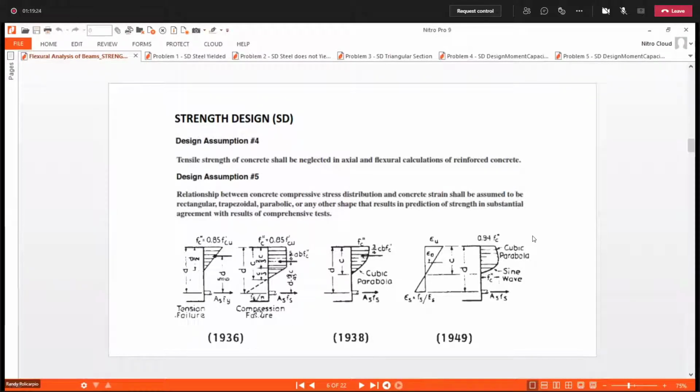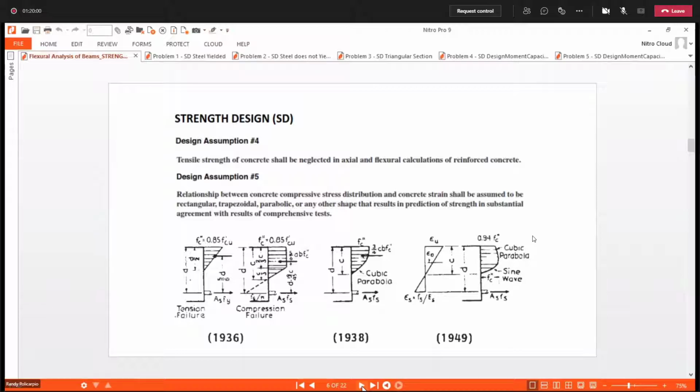We have the 1936, 1938, and 1949, no? Na mga diagram, no? Okay? Yan yung mga recommendation noon ng mga engineers, mga researchers, no? Yan yung mga recommended shape ng compressive stress ng concrete, wherein they base it from the test, okay?